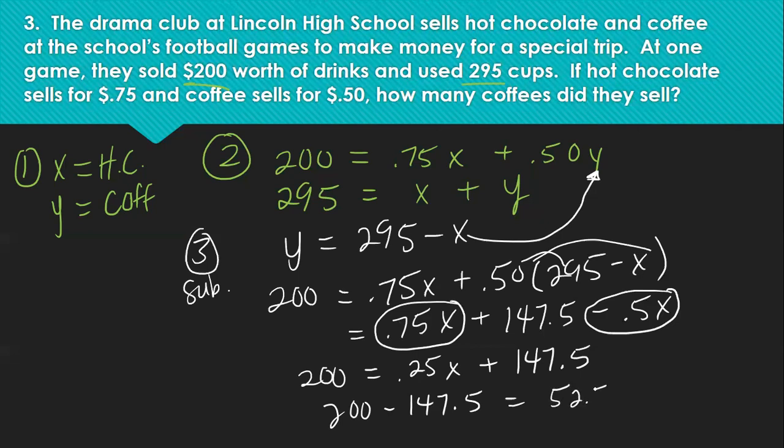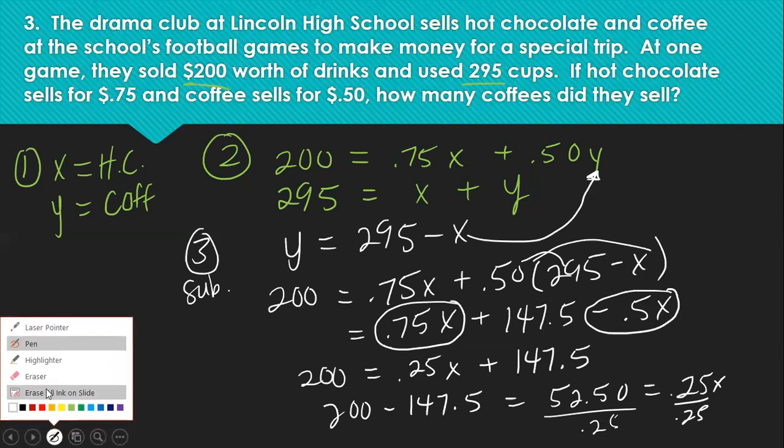And then we divide. So 52.5 divided by a quarter is 210. Good job.